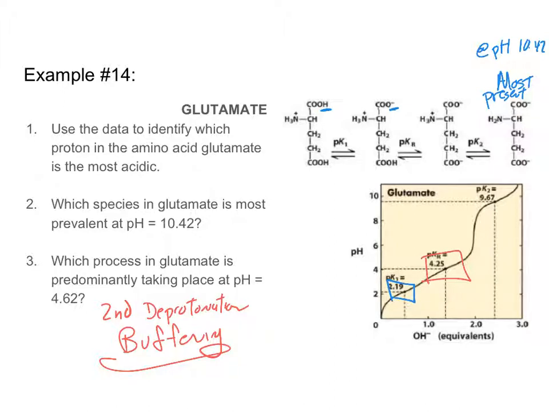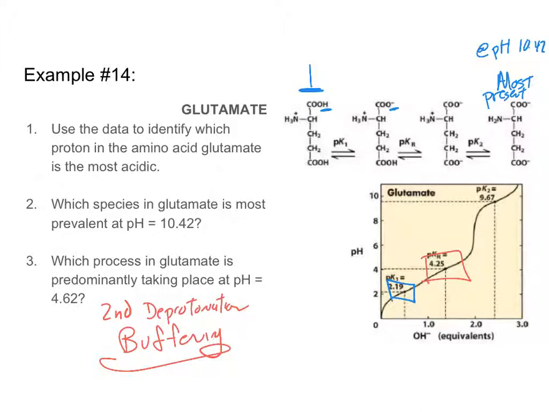Any questions about that? Yes, ma'am. How are you able to determine that the top group, the top COOH, was the most acidic? So if we look at it like this, if this is the structure before we add any base, okay?